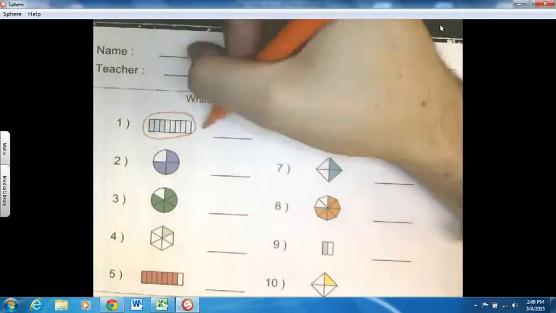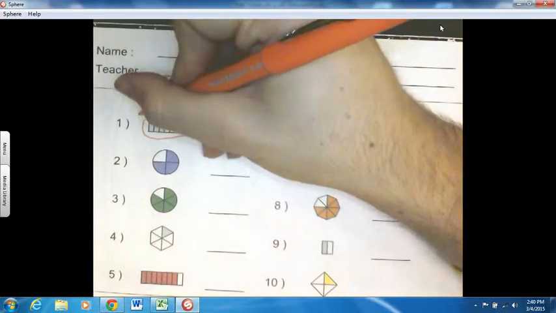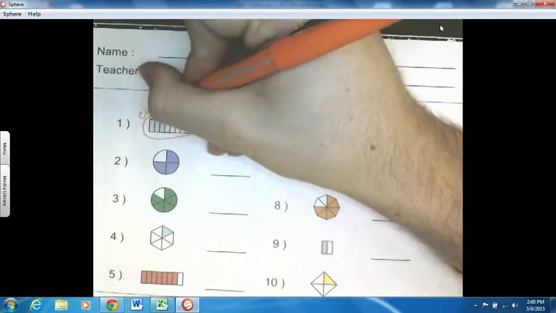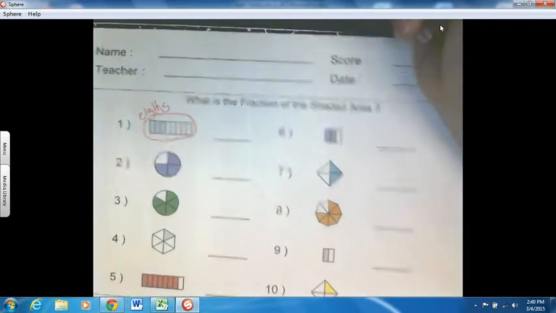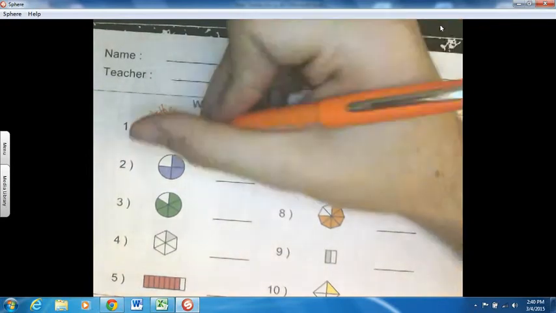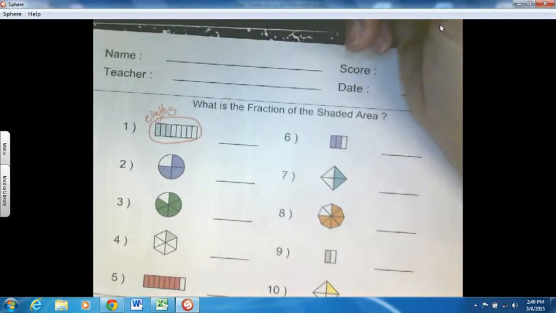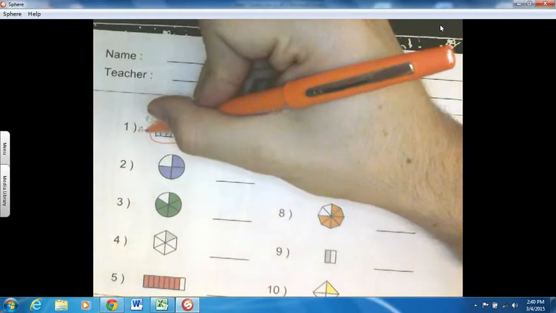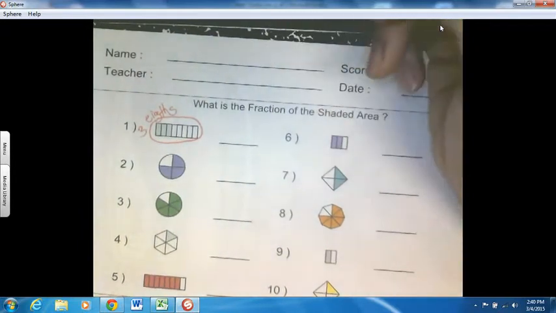So I know that there are 8 equal pieces there, so I know the name of these is going to be eighths. Right? And then I need to figure out how many 8ths there are that are shaded. So I see 1, 2, 3 eighths are shaded, right? 3 eighths. And so now I want to write that.